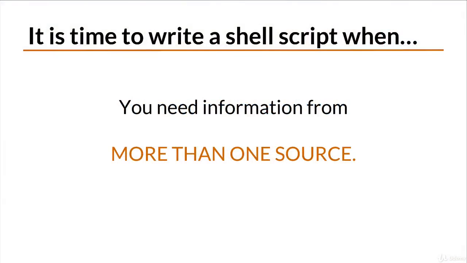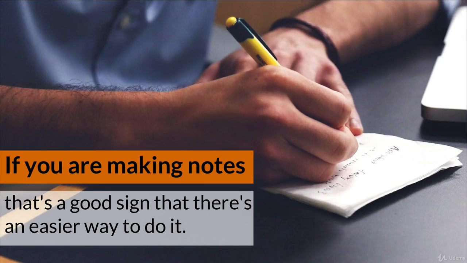If you need information from more than one command or source, that is another great time to create a shell script. If you ever find yourself making notes, that's a good sign there's an easier way to do it. For example, let's say you manage a web server, and for each IP address that generated a web server error, you wanted to know their hostname as well as see all the web pages that they visited.